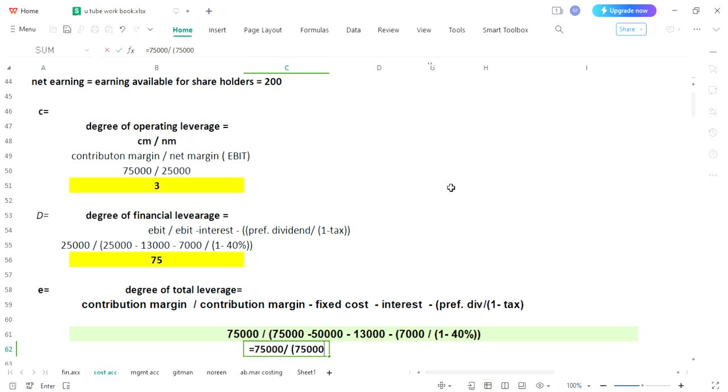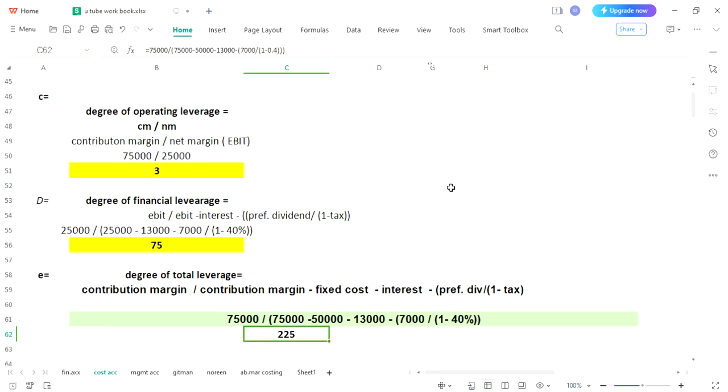You will subtract your fixed cost 50,000, subtract amount of interest 13,000, subtract preferred dividend 7,000, and you will divide it by 1 minus 40%. 40% means 40 divided by 100, which means 0.4. 0.4, bracket closed, and now we should check our brackets. I think 1, 2, okay, let's see if it is correct.